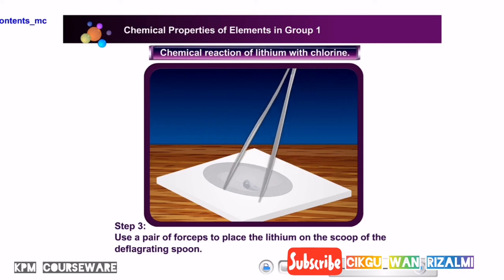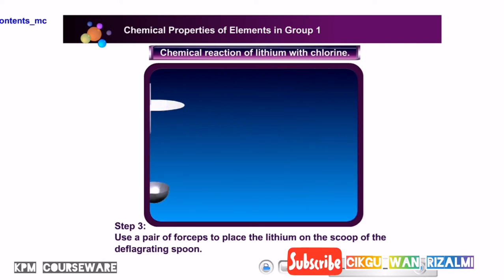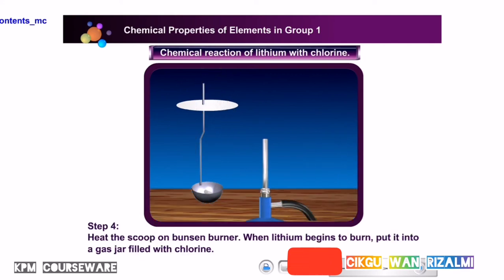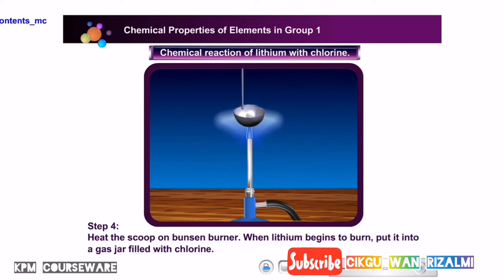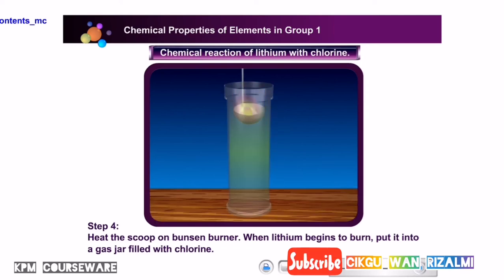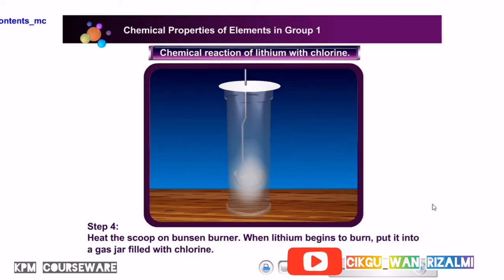Use a pair of forceps to place the lithium on the scoop of the deflagrating spoon. Then, heat the scoop on a Bunsen burner. When lithium begins to burn, plug it into a gas jar filled with chlorine. Write down your observation in the table. Click on the blinking button to proceed.